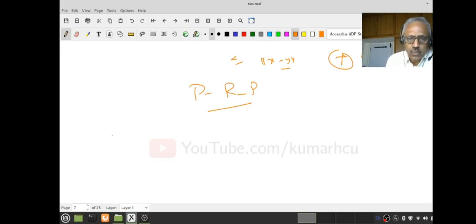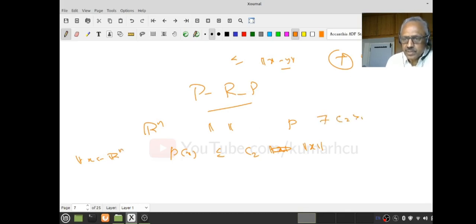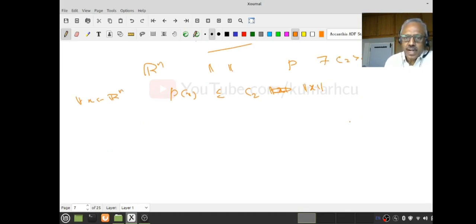Okay. So remember, let's go back to Rn with the Euclidean norm. What I proved? P of x is less than or equal to C2 times norm of x, for all x in Rn. There exists C2 positive so that this happened. And this is something interesting.